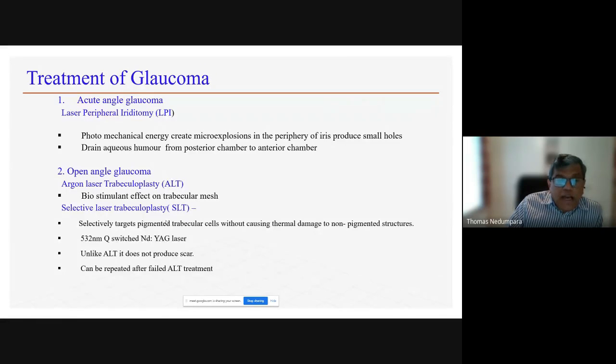In open angle glaucoma, there's a malfunction of the trabecular mesh. So you can use a laser to improve the drainage of the aqueous humor through the trabecular mesh by a biostimulant effect.